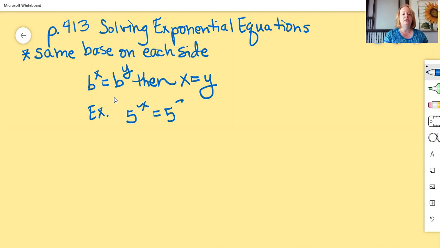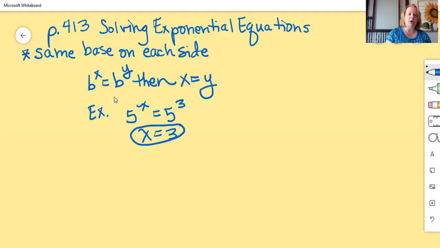So the bases are the same, and so my next step would be to set the exponents equal to each other. So it's going to be x equals 3, and you're finished. That's your answer. X is 3. So we're going to go a little deeper than that, but that's the basics of it.